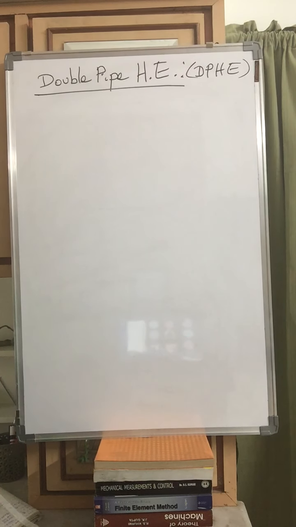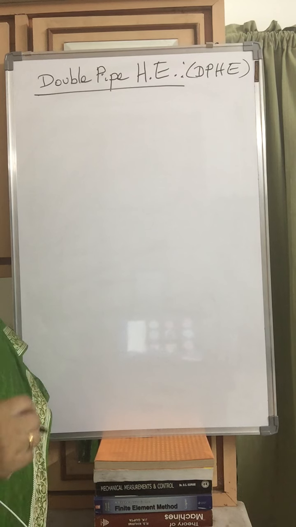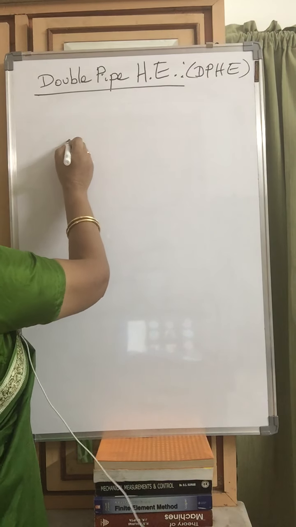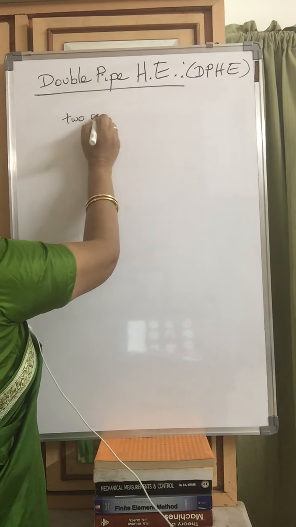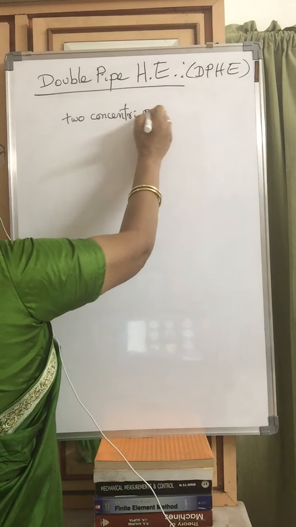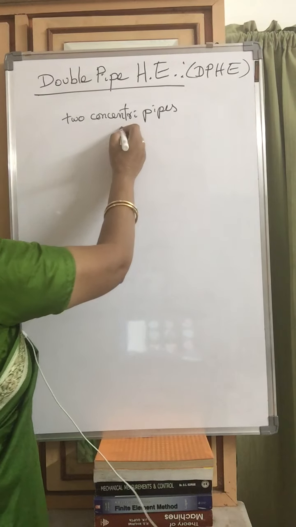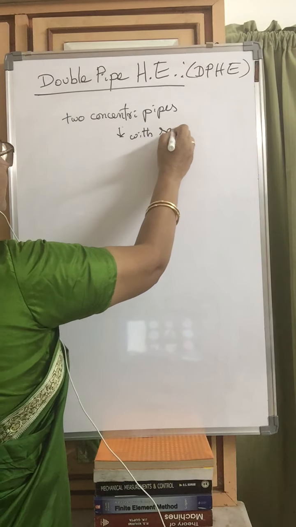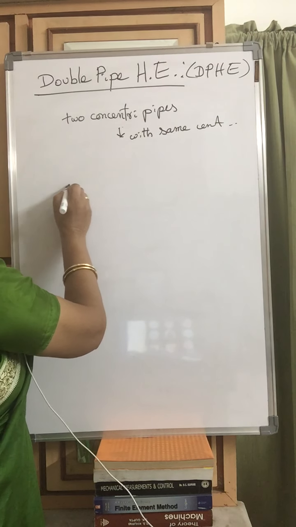We will discuss what a double pipe heat exchanger is and how heat transfer takes place. A double pipe heat exchanger means we will have two concentric pipes, one inside the other. Concentric means with the same center.